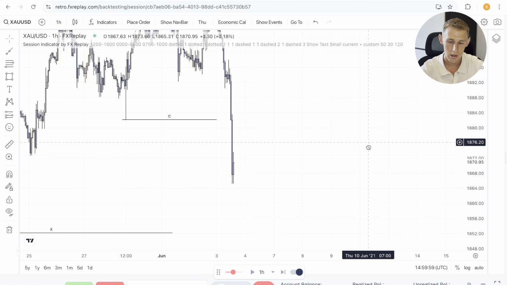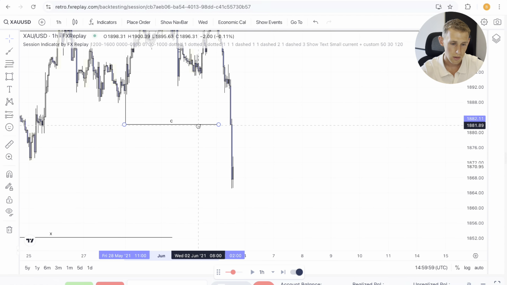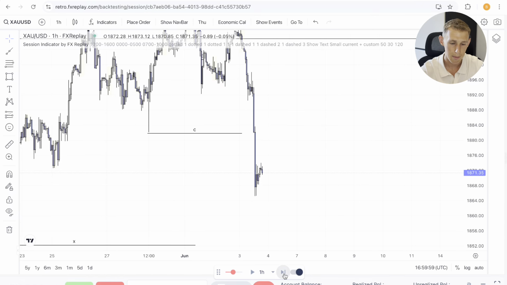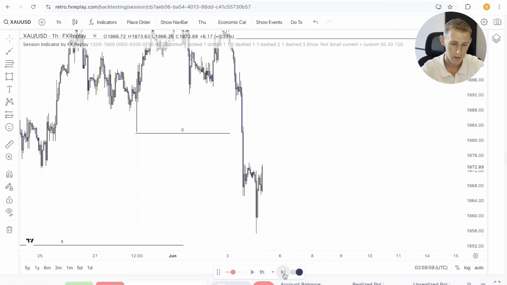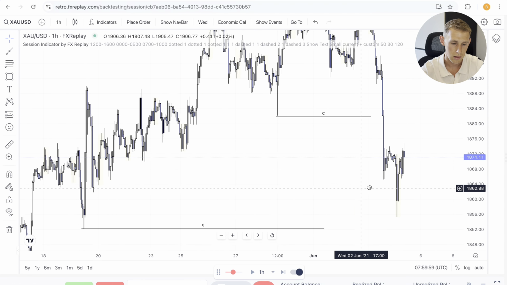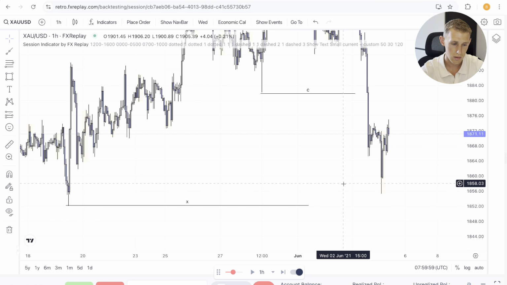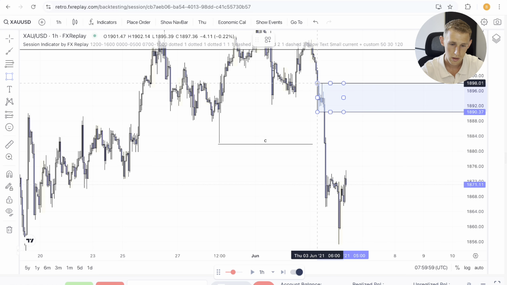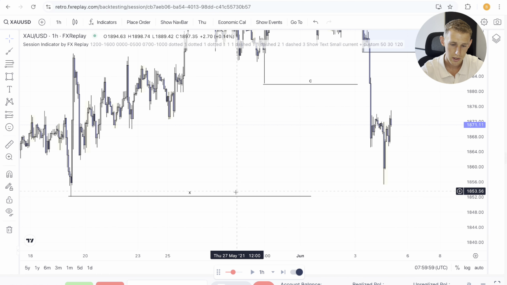If we go back to the 1 hour, I think price needs to develop a bit more first. There's not really a clear point of interest yet. Maybe we could look at this area, which is a clear supply zone.